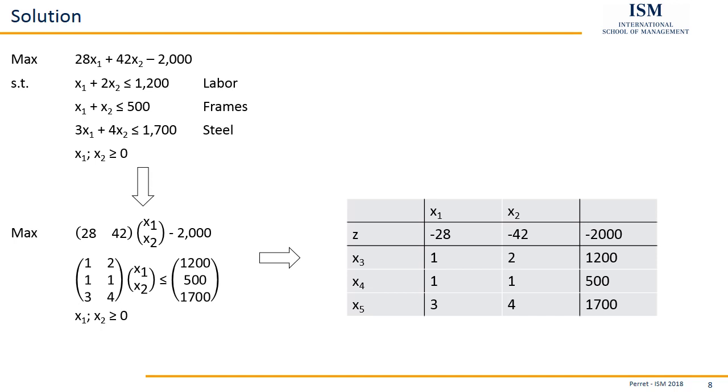Here it needs to be noted, we can use this version when the problem actually consists of only lesser than constraints. However, this is no big deal because all greater than constraints, I can just multiply with -1 and I get lesser than constraints. And even with equality constraints, I just have to think that an equality constraint is the same as being larger or equal to and lesser or equal to at the same time.